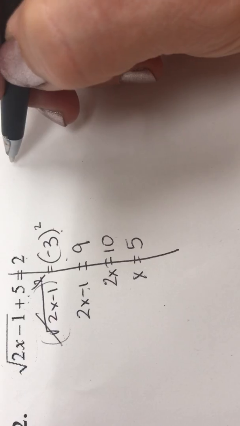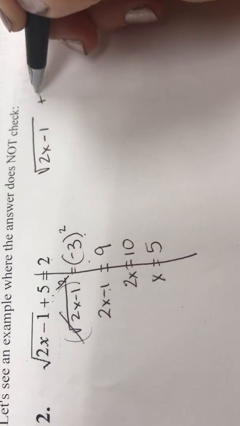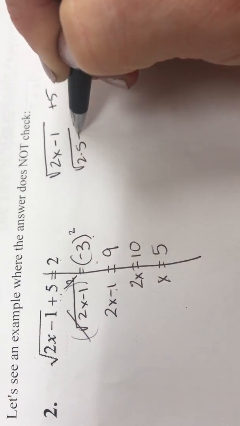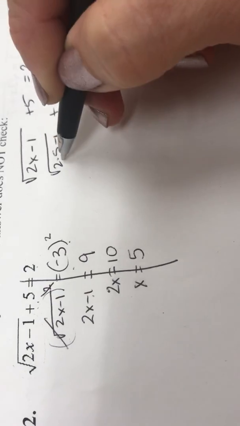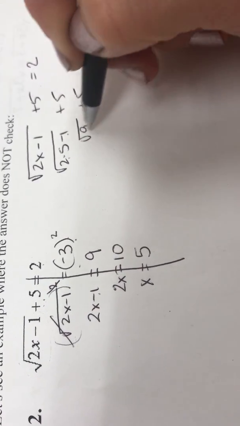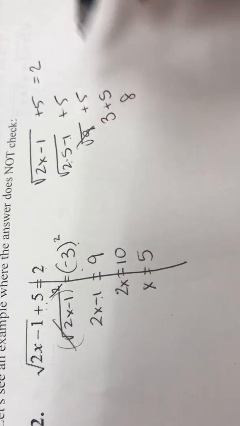Has to check. 2x minus 1 plus 5 equals 2. 2 times 5 minus 1 plus 5. 2 times 5 is 10, minus 1 is rad 9. Rad 9 is 3. 3 plus 5 is 8.